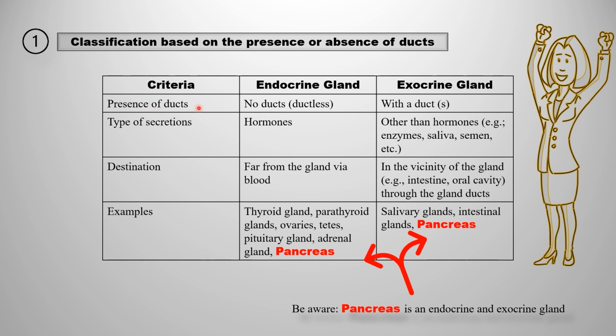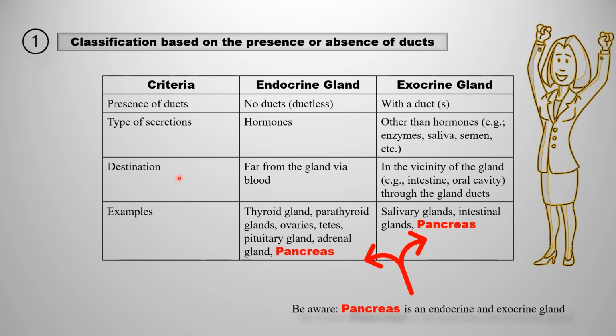In the endocrine gland, there are no ducts, or they are called ductless glands. And here they are with ducts, depending on the type of exocrine gland. The type of secretion in each one: here it secretes hormones, here chemicals other than hormones, examples are enzymes, saliva, semen, etc.